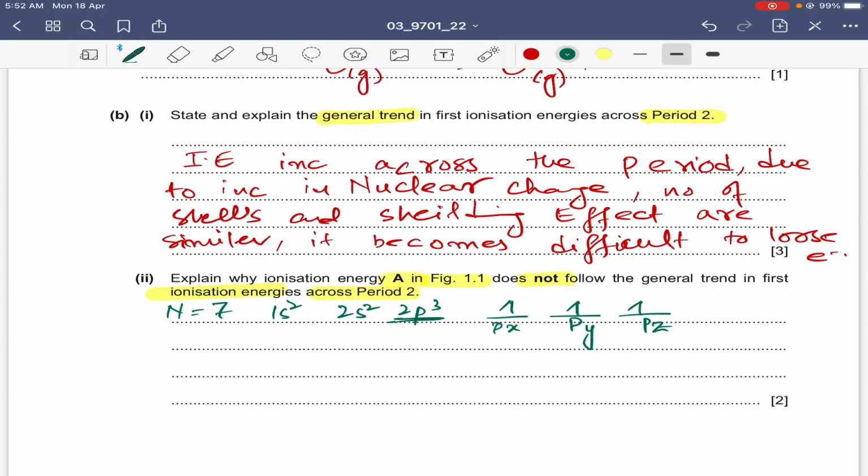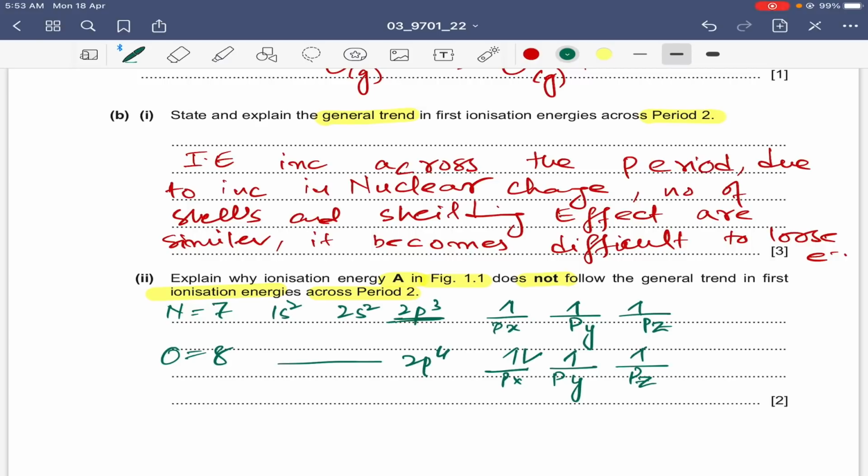And if we write for oxygen, oxygen has 8 electrons. So that means 1s2, 2s2 and 2p4. So in the case of oxygen, there are 4 electrons in the p subshell. So that means px, py and pz. So 1 electron in px, 1 in py, 1 in pz, and then pairing takes place in px, because once all the degenerate orbitals are singly filled, then pairing takes place.